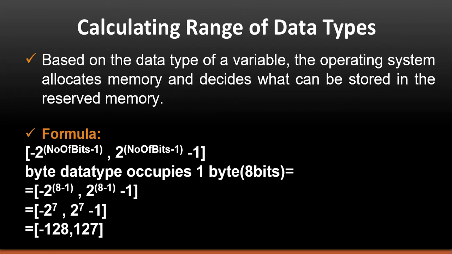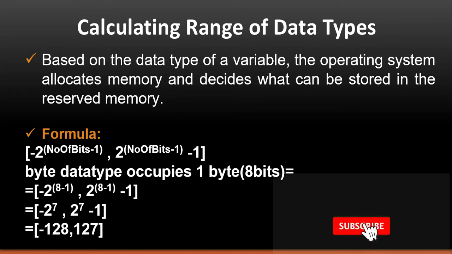Based on the data type which you have declared for a particular variable, the operating system allocates memory and decides what can be stored in that memory. Here is the formula which gives you range of a particular data type. What values a particular data type can store is given by this formula.